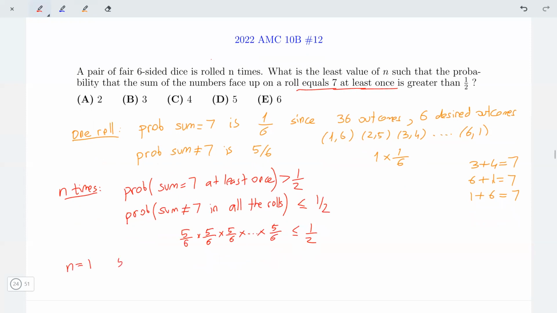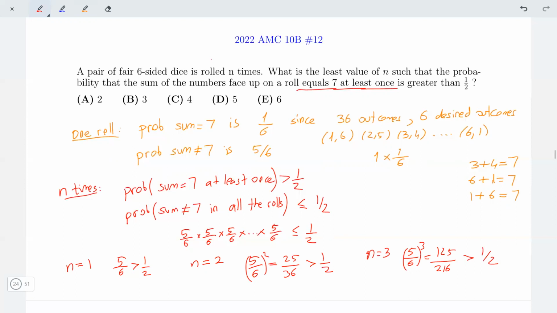When n equals 1, 5/6 is bigger than 1/2, so not good enough yet. When n equals 2, we have (5/6)^2, which is 25/36, and that's also bigger than 1/2. For n equals 3, we have (5/6)^3. It's 125 over 216. It's still bigger than 1/2.